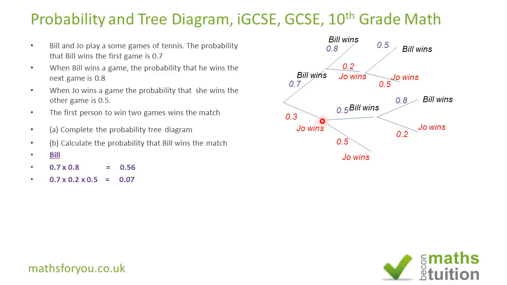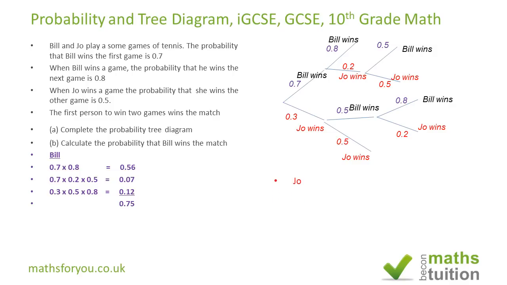So that's 0.3 times 0.5 times 0.8, and we got 0.12. And if you add all these, yes, you get 0.75. Now, if we are right here, the probability of Joe winning the match will be 1 minus 0.75, which is 0.25. Let's check it out.